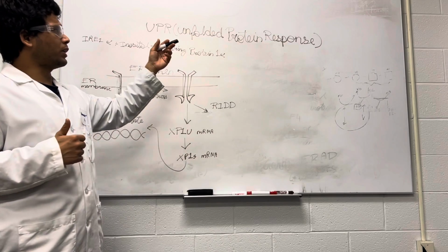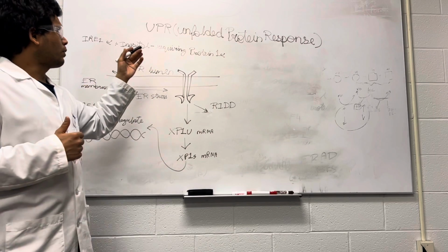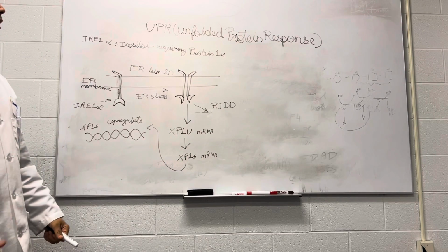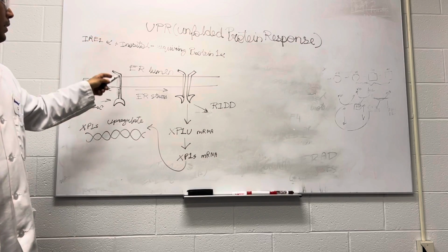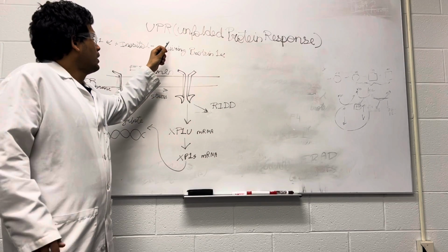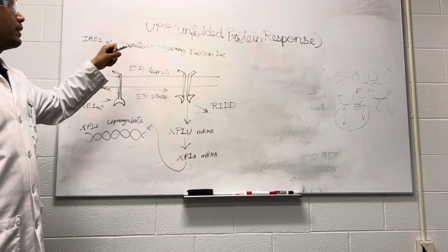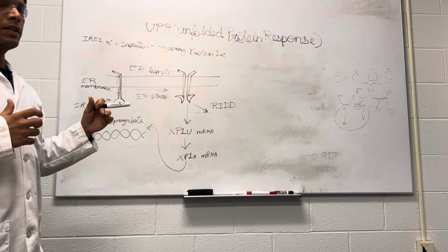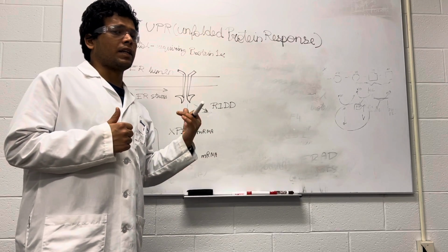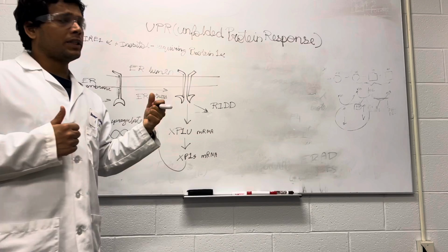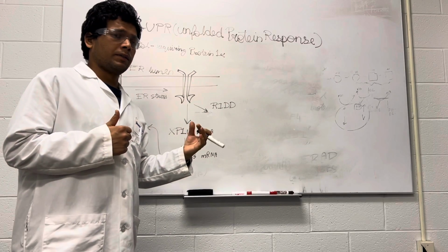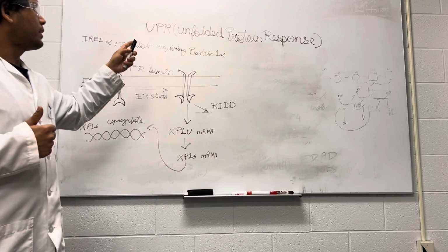UPR is the unfolded protein response. From the name itself we can guess that this kind of response is activated when the proteins do not get their native structure and there is accumulation of unfolded proteins beyond the normal limit.